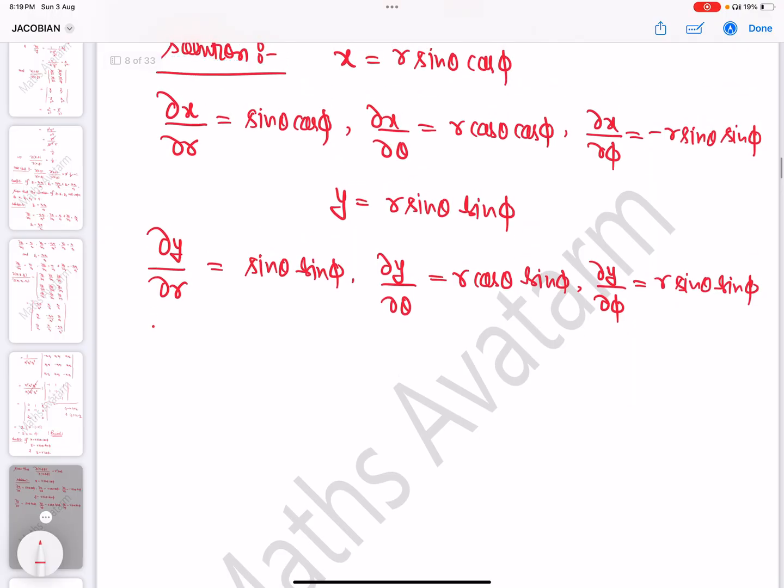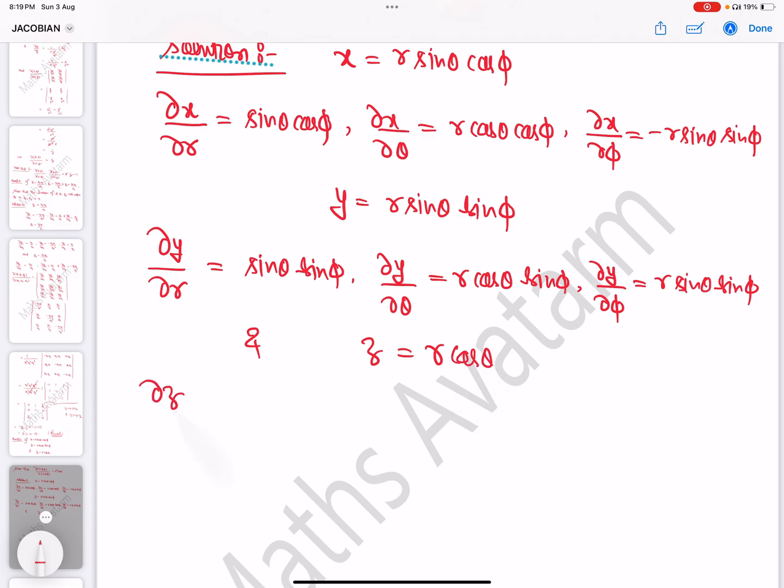Now, what is del z upon del? Now z is given as r cos theta.